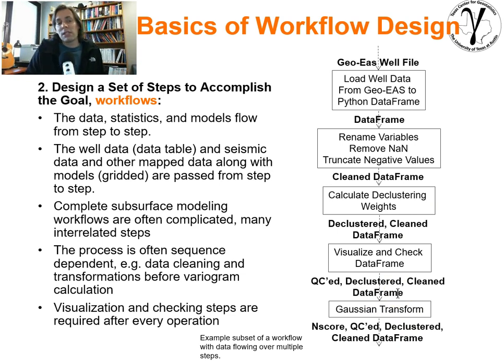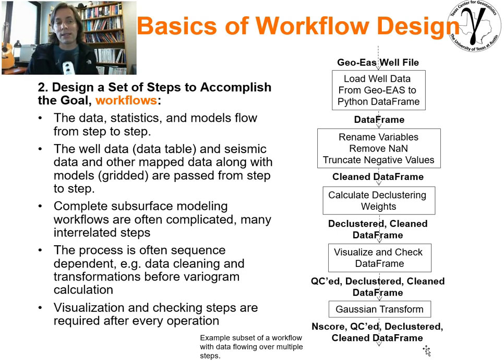Maybe we require Gaussian transformation because our workflow includes steps or operations where we're doing Gaussian-based simulation. Our statistics need to be calculated in Gaussian. Our variogram models are based on a Gaussian transform variable. So we'll go ahead and we'll do a Gaussian transform, and now we have Gaussian transform, standard normal, with QC, declustering, cleaned, and so forth, and we would be ready for another step after that, maybe variogram calculations, then maybe Gaussian-based simulation, maybe we do some trend calculations.